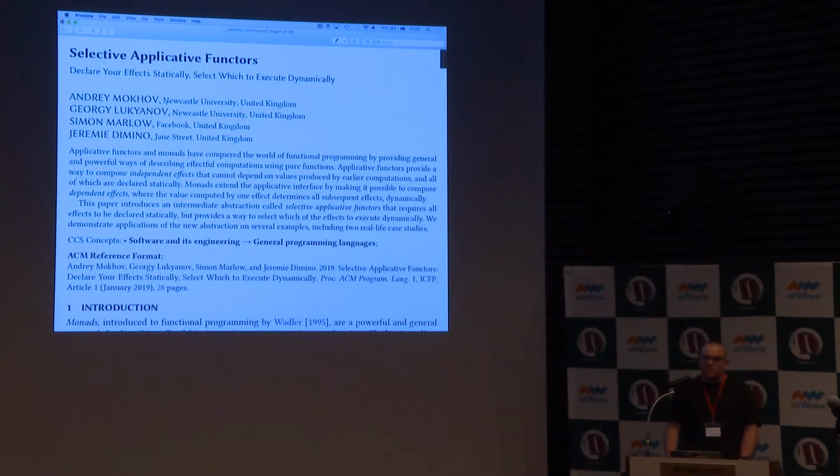You need to be able to, without executing it, know what are all of the possible things that can happen here. What arguments do I accept? How do I validate them? Maybe my program's like Git and has a very complicated, complex command line parsing setup. That's exactly the sort of situation where this selective applicative functors abstraction can be helpful.